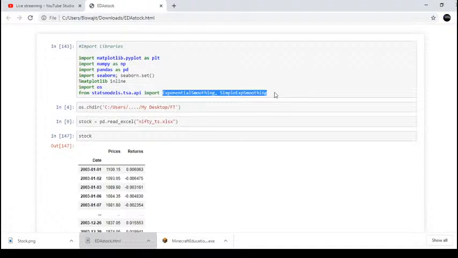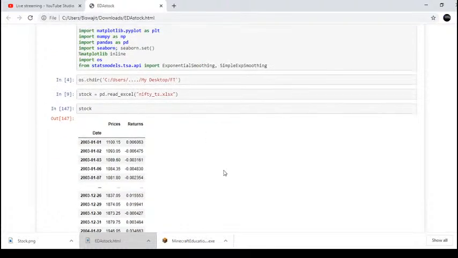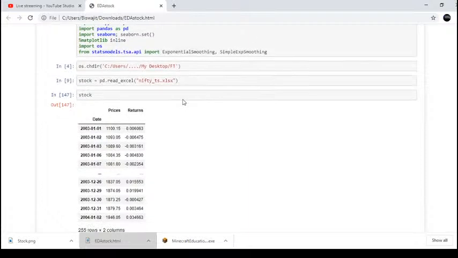I'm going to tell you why I'm importing only these two, but you can also import many other packages from statsmodels. So these are some of the basic libraries we're going to first import. We'll first define a working directory, which I've already done.